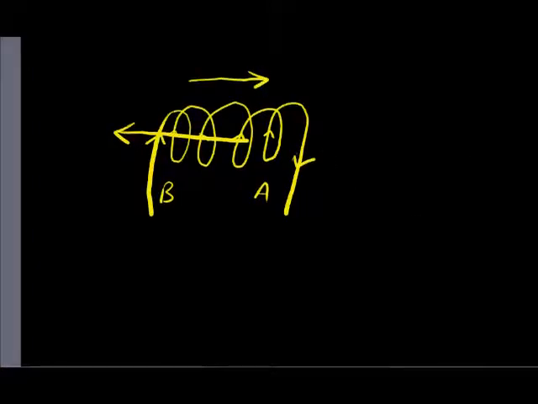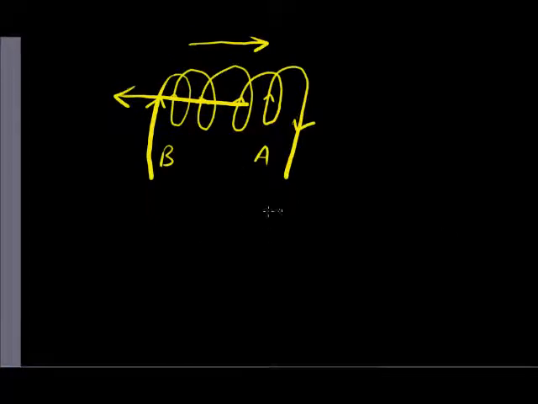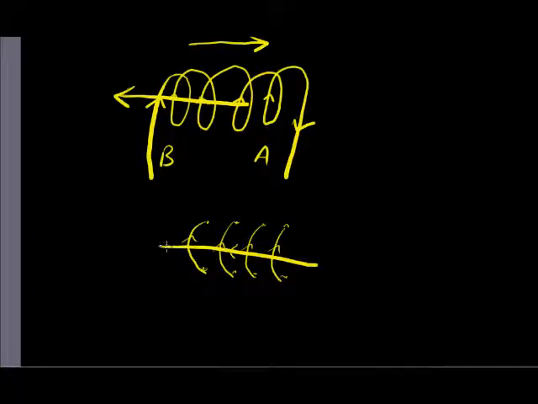And a complete picture which describes the flow of the magnetic field around a solenoid would be like this. So imagine this is the top view of the solenoid. Then the direction of the magnetic field would look something like this.